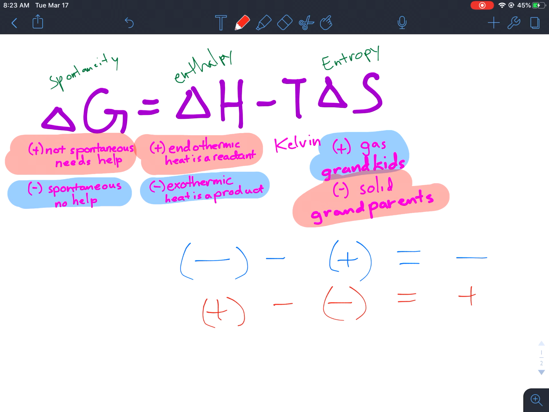So these are the two scenarios where you are guaranteed to have either spontaneous or not spontaneous. It can't become the other thing.